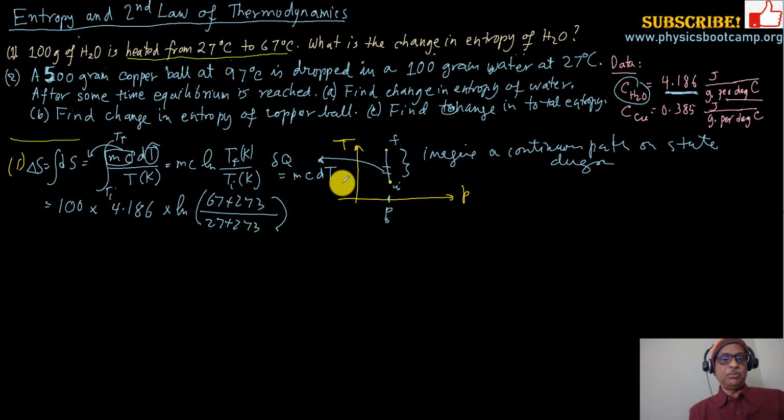Okay, so when we work it out, the whole thing, the units will become joule per Kelvin, right? Because this was joule per degree Celsius. Per degree Celsius is the same as per degree Kelvin, because this change in temperature is the same in the two. Let me set up, get the number.